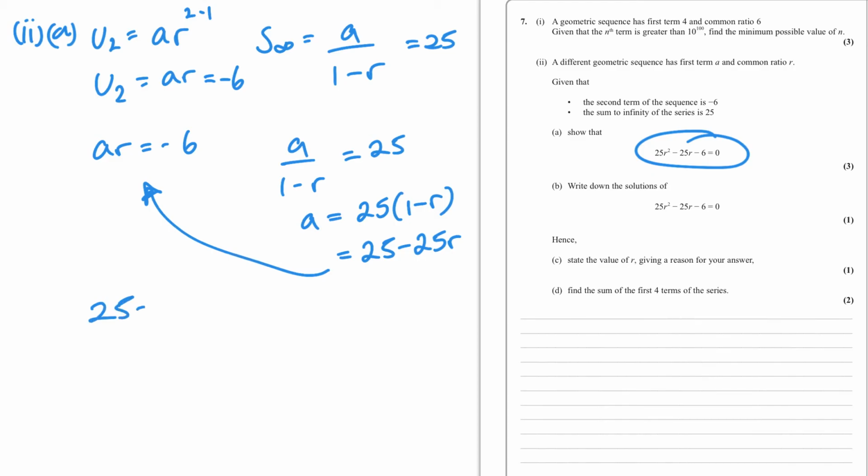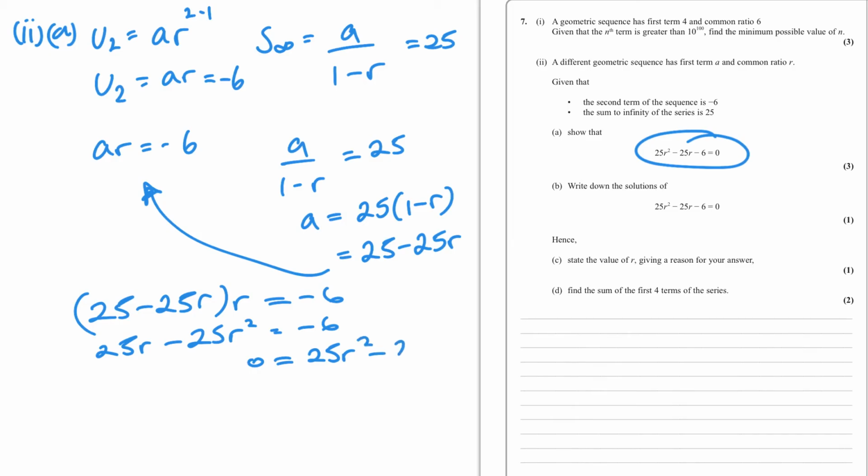So you get (25 minus 25R) multiplied by R equals negative 6. So 25R minus 25R squared equals negative 6. So 25R squared minus 25R minus 6 is equal to 0, which is what we were trying to show.